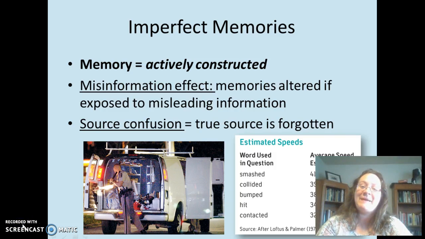One thing we know about memory is that it is imperfect. We actively construct our memories, and therefore our memories can be changed. Dr. Loftus, a psychologist, did a lot of work with imperfect memory, and she found that if you ask people who witnessed a car accident how fast the cars were going when they contacted, bumped, smashed, or collided, you'd get a lot of different answers.